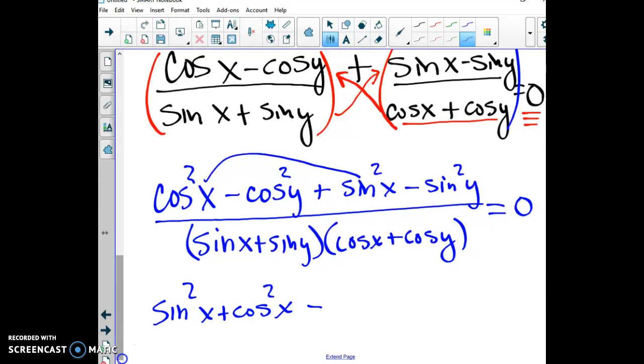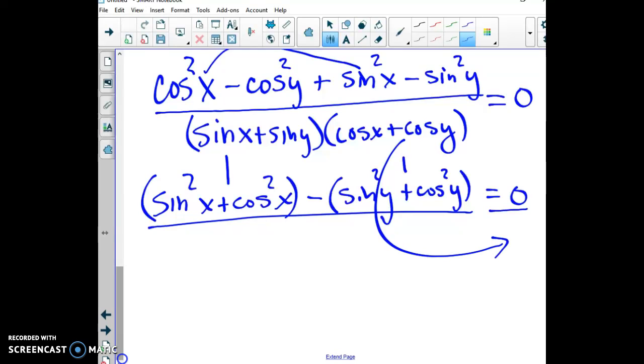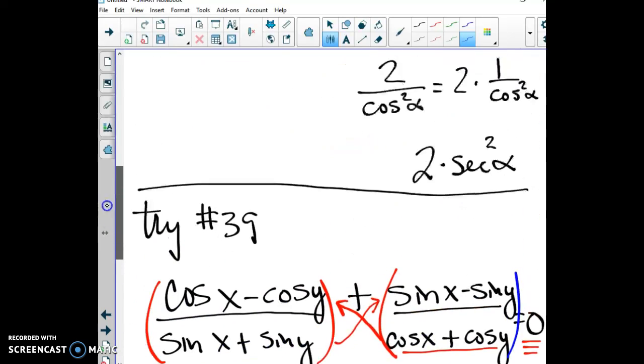We have a negative cosine squared and a negative sine squared, so we're going to factor out that negative, and we get sine squared y plus cosine squared y. And we know each of those to equal 1. Sine squared plus cosine squared, sine squared plus cosine squared, and what we get is 0 over our original denominator.